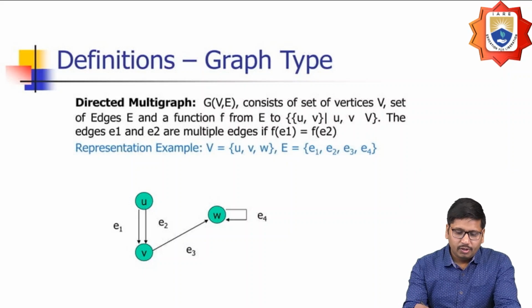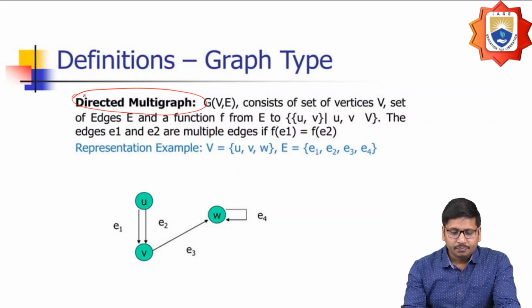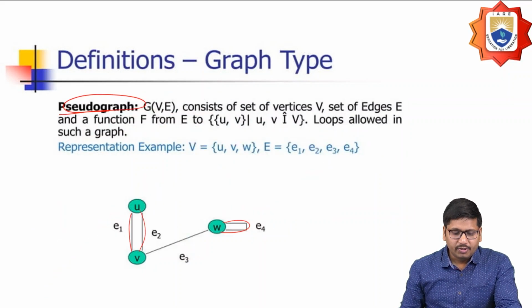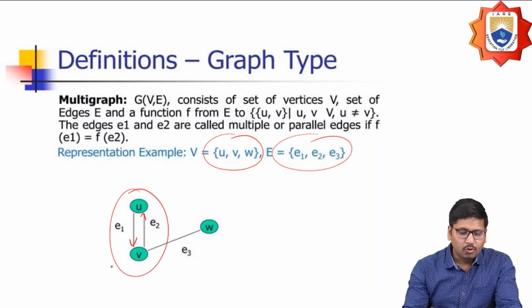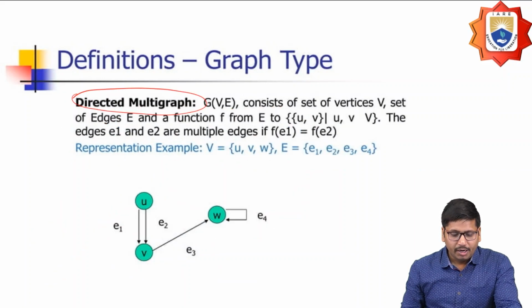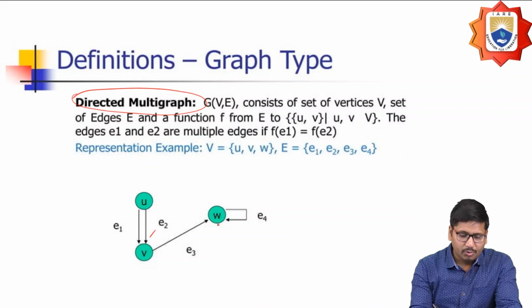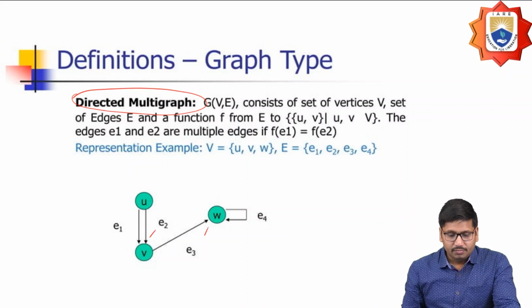Because the graph maintains multiple edges as well as direction, I can easily say it is a directed multigraph. In the previous one, in the multigraph, I am not maintaining any directions, so that is why it is called a multigraph. Whenever the graph maintains these directions, I can call this one the directed multigraph.